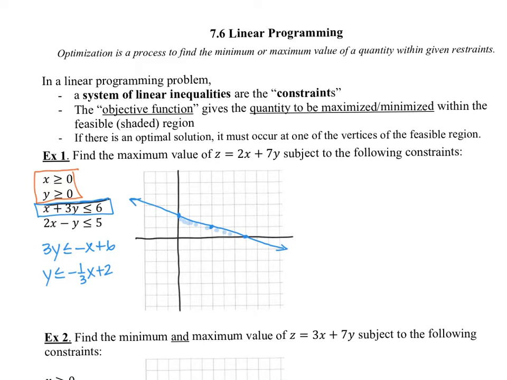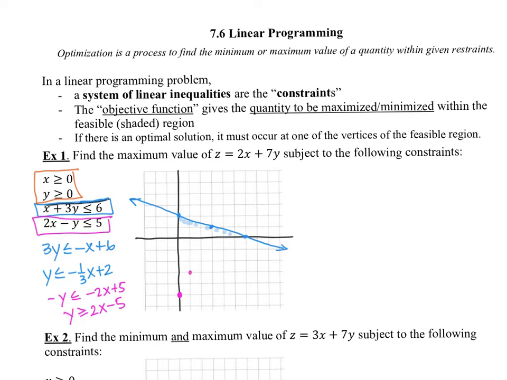Let me go ahead and graph the last one. Okay, let's see. Negative y is less than or equal to negative 2x plus 5. I'm going to divide by negative, so the inequality is going to switch directions. This is a solid line. 1, 2, 3, 4, 5. The y-intercept is negative 5.